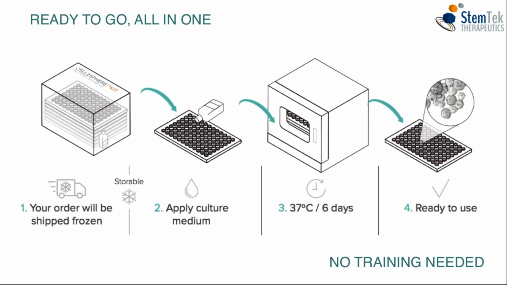Just use a plate whenever you're ready, and if you want to do another experiment, just take another plate out of the freezer. You apply the cell culture medium, which is provided with the kit, put it in the incubator, and then wait 4 to 6 days until the spheroids are developed in the well. And then you have a beautiful 3D spheroid culture in every well to use in your drug screening efforts.